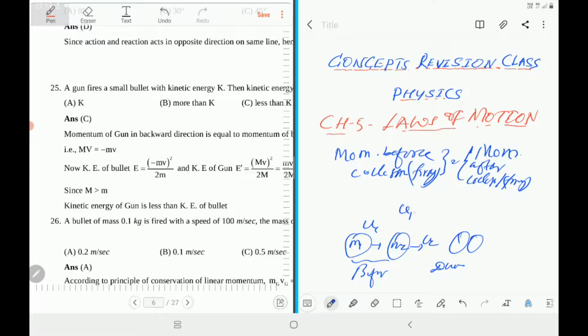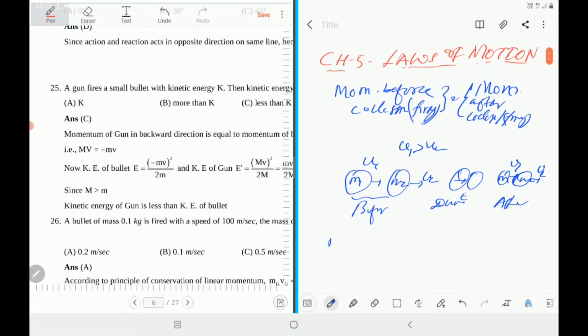Say if u1 is greater than u2, body 1 hits body 2. During collision for a time t, there will be exchange of momenta. And after collision, the masses m1 and m2 continue to move with velocities v1 and v2. This is after collision. So you can write the relation: m1u1, momentum of the first body before collision, plus m2u2, the sum of momenta before collision, is equal to the momentum after collision, m1v1 plus m2v2.